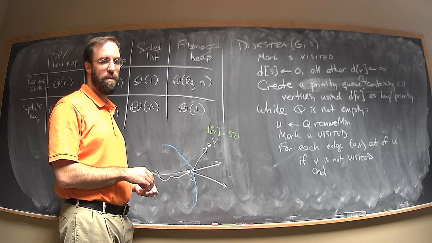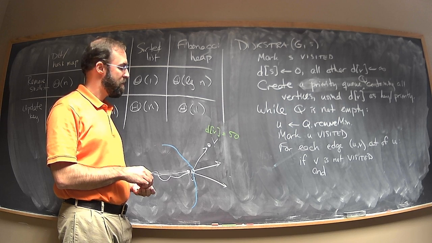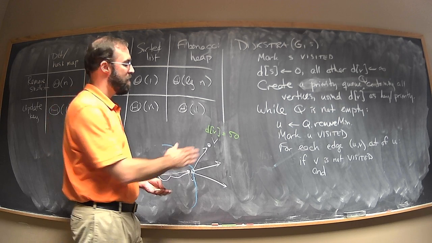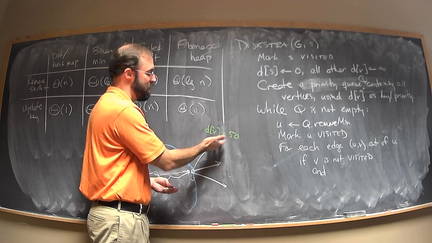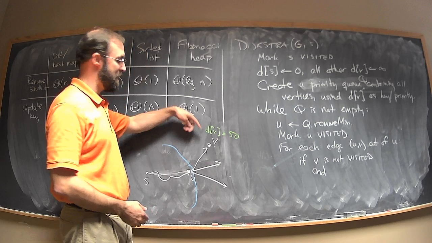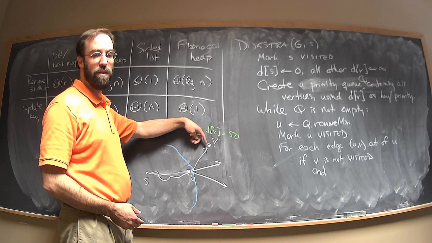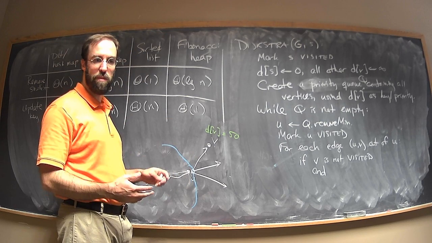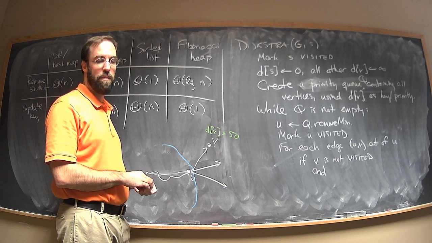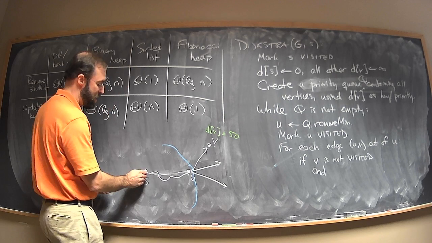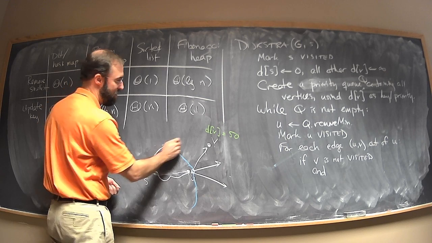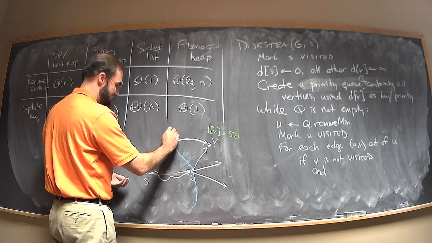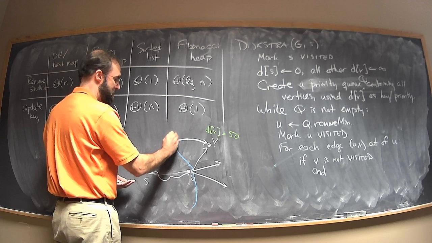And DV is really far away because we set it at positive infinity. Well, initially it was infinity, but maybe at this point it's 50 because maybe there was some other way to get there that took 50, and that was the best we knew of. But maybe we're going to discover an even better way right now. But how did we know that? Well, imagine there's an edge here from S to V that had length 50.